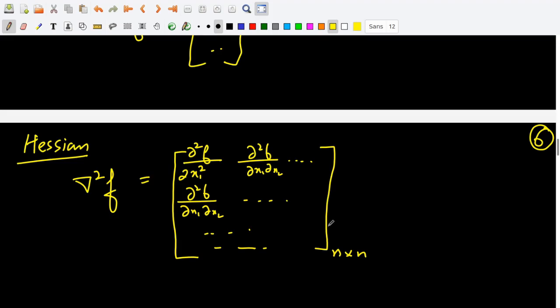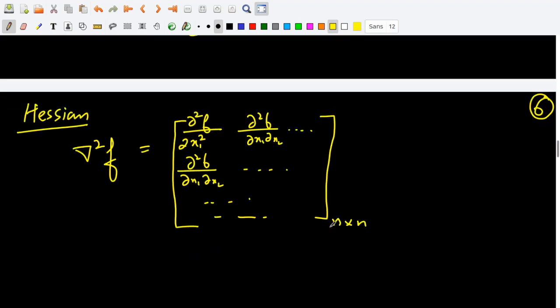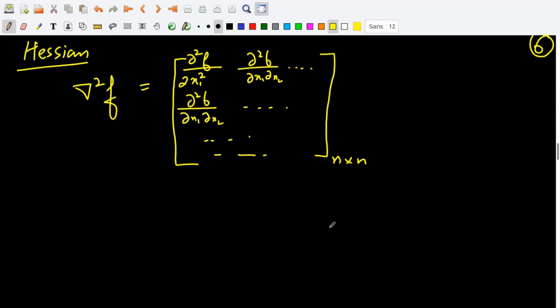So this is akin to your second derivative in one dimension, and it tells us how fast the gradient is changing along a certain direction.